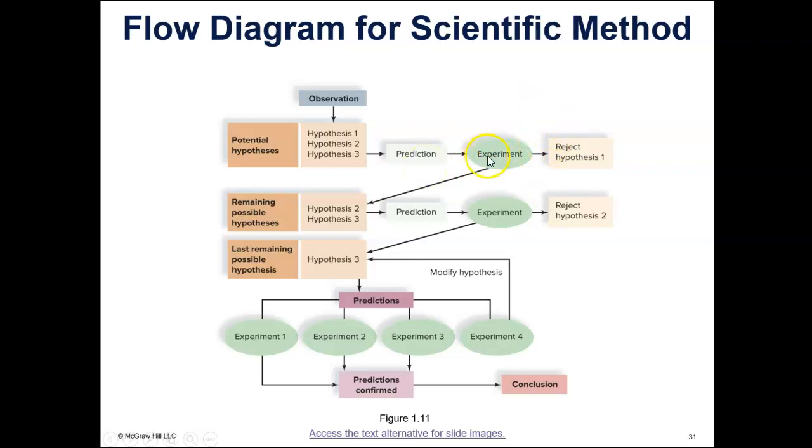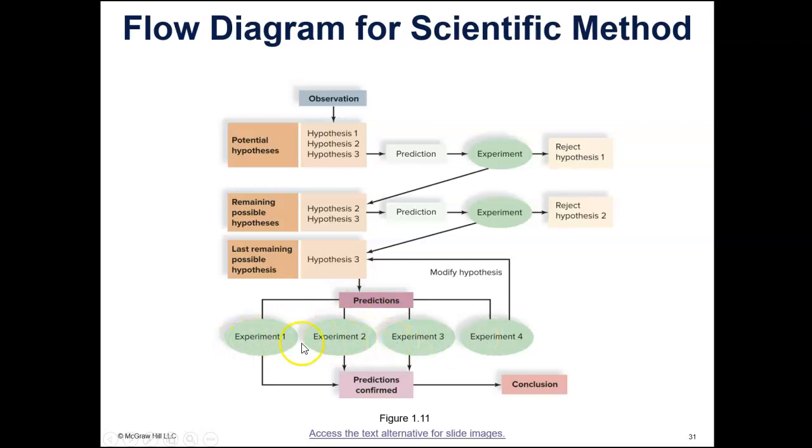If the results of your experiment cause you to reject hypothesis 1, you're going to go on and try hypothesis 2, design an experiment to test hypothesis 2, formulate a prediction. And then if your results cause you to reject your second hypothesis, we're going to design an experiment to test hypothesis 3.